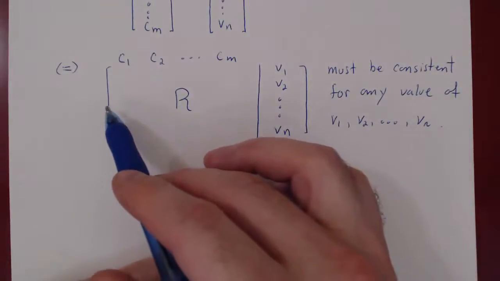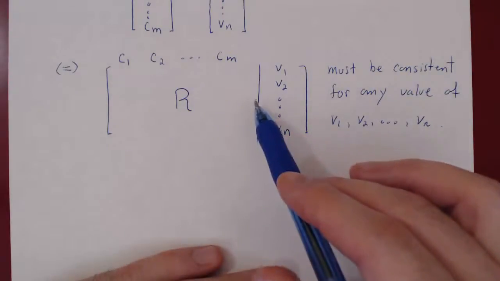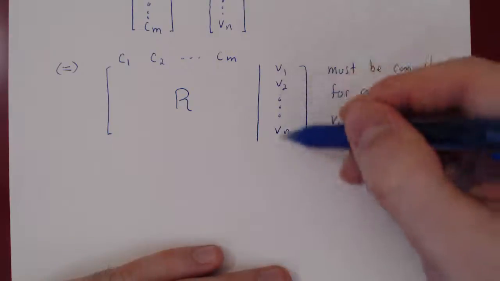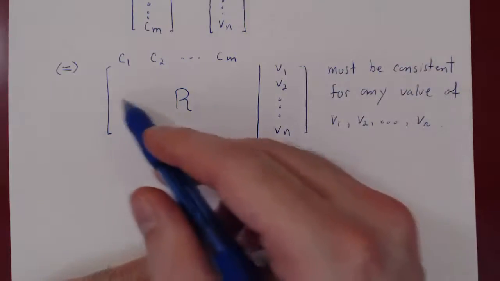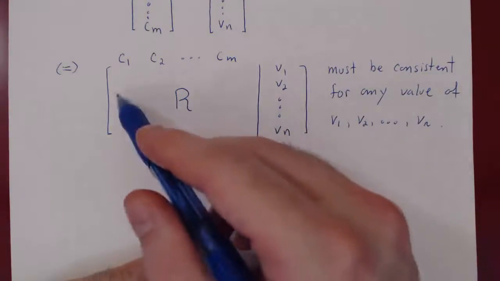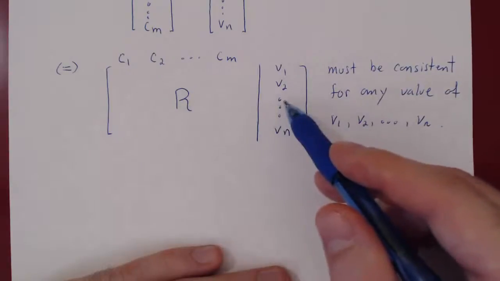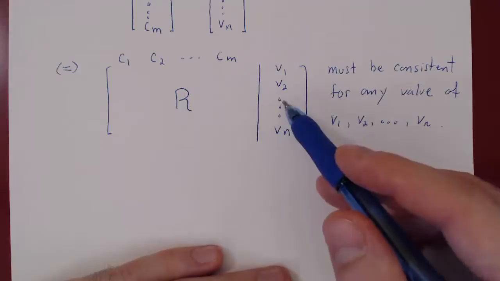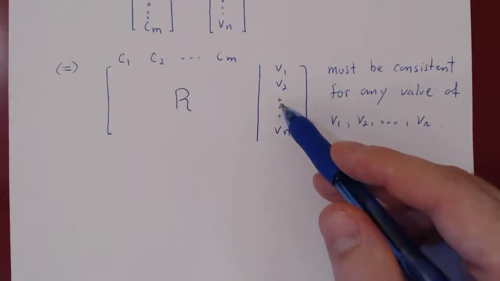Well, if some row of R was a row of zeros, because we have total freedom on the entries here, if one row of R consists of all zeros, pick the constant term that corresponds to this row to be any non-zero value, and you will have an inconsistent system.